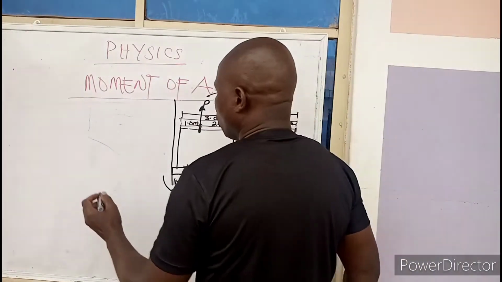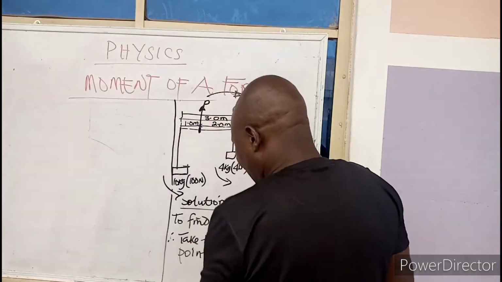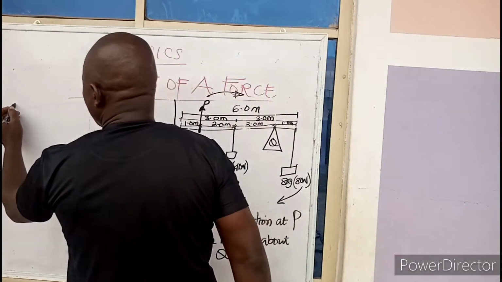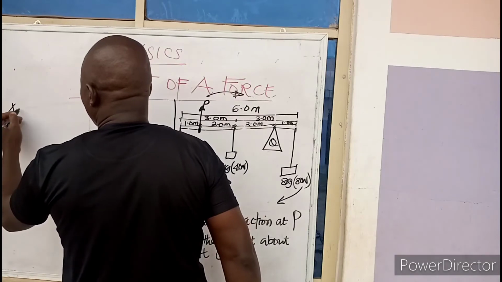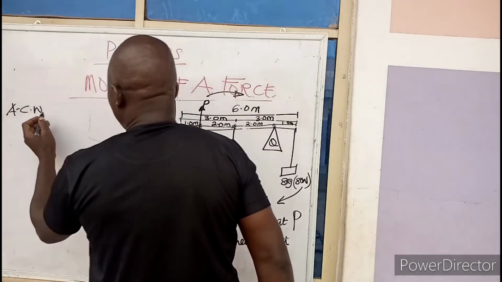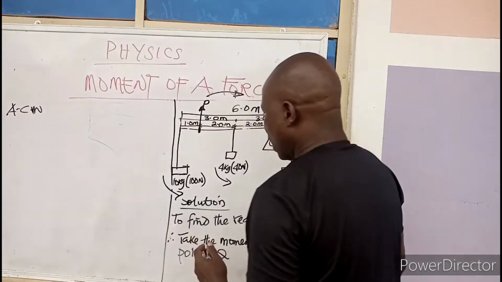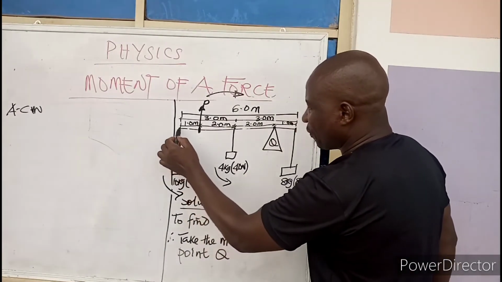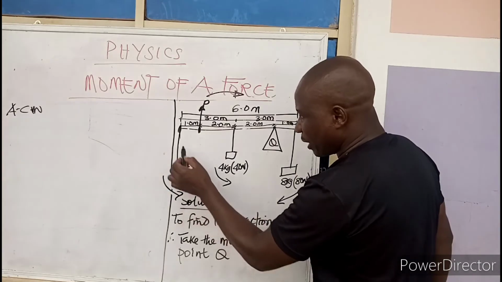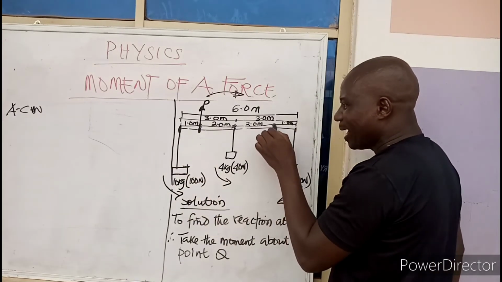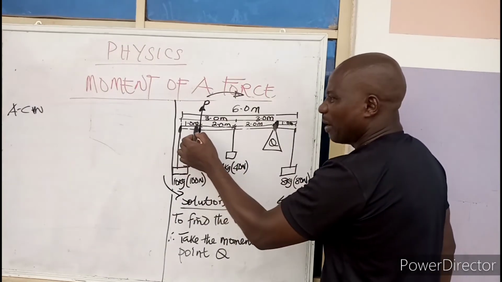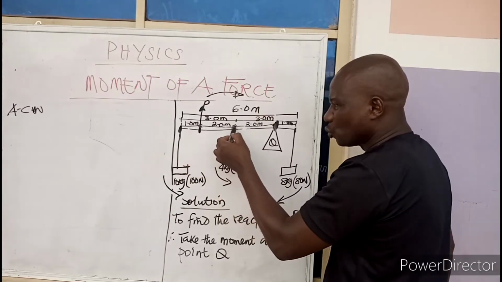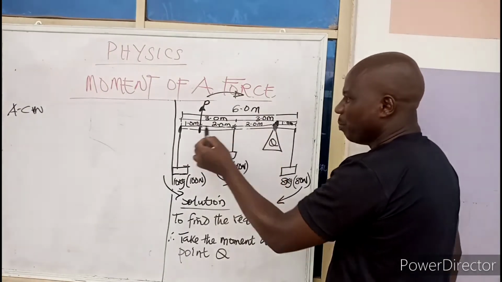So now, this one is anti-clockwise. Anti-clockwise moment. What's the first one we have? We have 100. Look at the distance of 100. What's the distance to this point where the body is going to turn? I have 1 plus 2 plus 2, making 5.